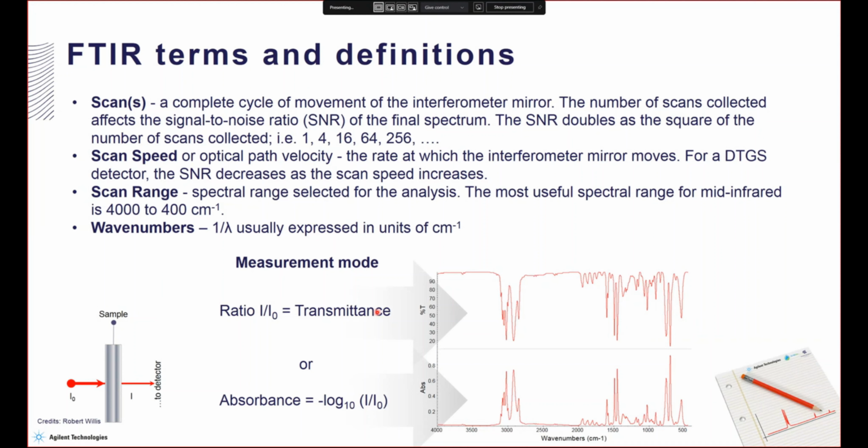In this case, we call it transmittance, or by applying the minus logarithm in base 10 of this ratio, we obtain the spectrum in absorbance. On a practical side, when we measure in percentage transmittance, our peaks are coming from the top, and when we are measuring in absorbance, they actually grow from the bottom of the spectrum.